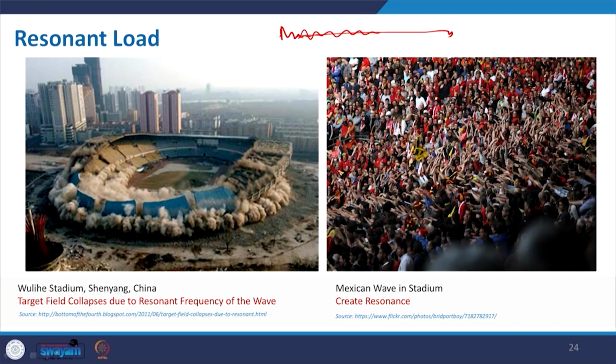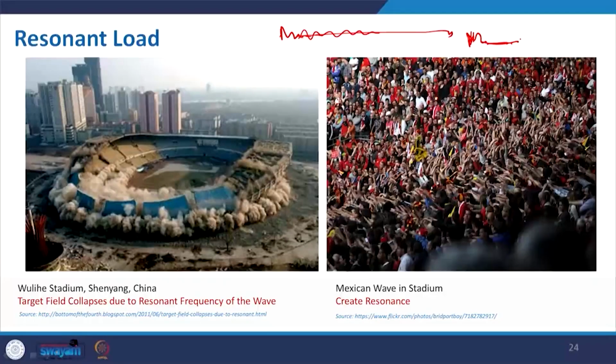In the stadium, people create the wave in a rhythmic manner. When that wave is created, the vibration accumulates in the supporting structure, they synchronize with each other, and that will propagate the wave and may create resonance, which may cause collapse.